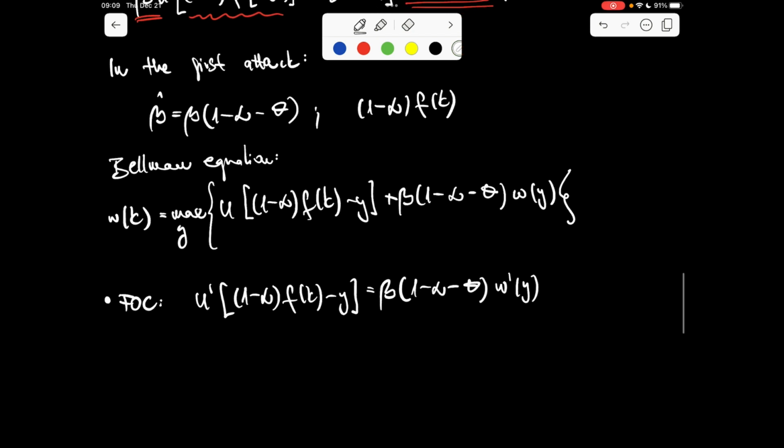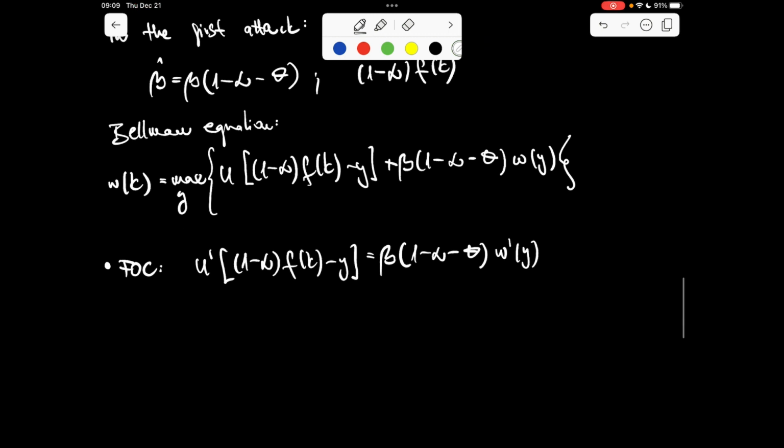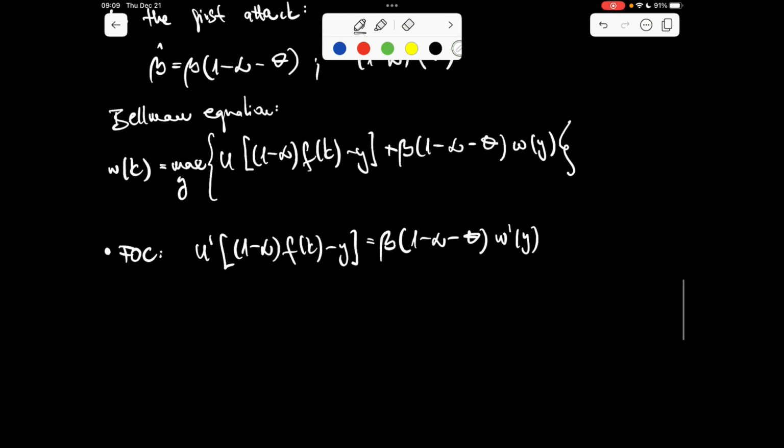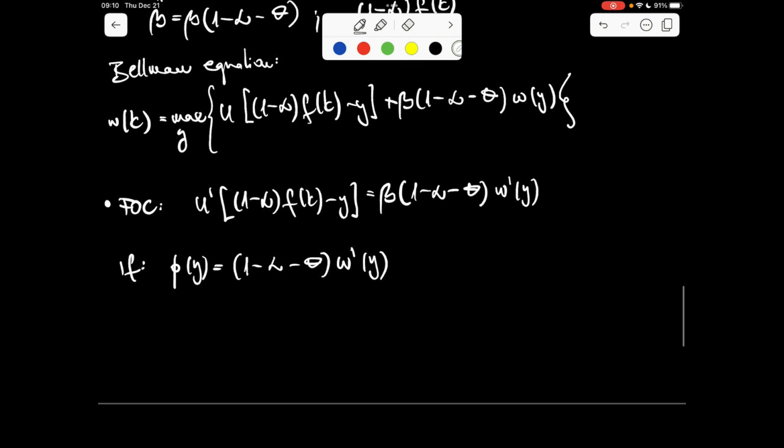Okay, it's equal, we have an important point here, it's equal to the first order condition of the distorted economy if we have this relationship between the two functions.